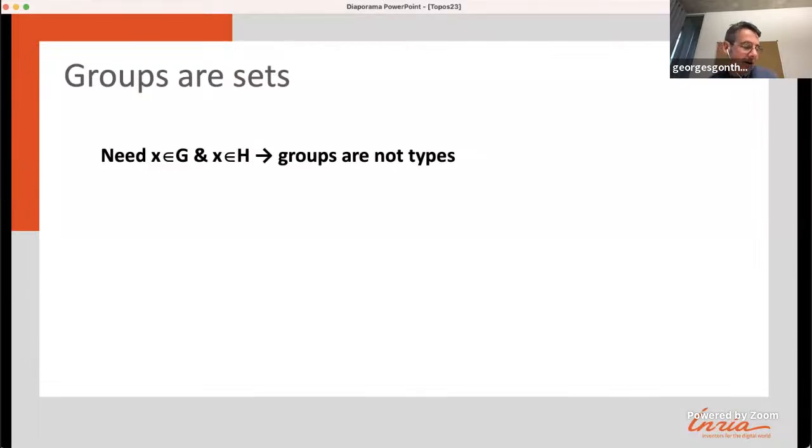And by definition, or by construction in logic, types are disjoint. So groups are not types. And group theory is kind of a misnomer. Group theory should really be thought of as subgroup theory.